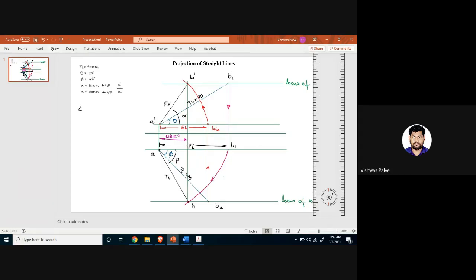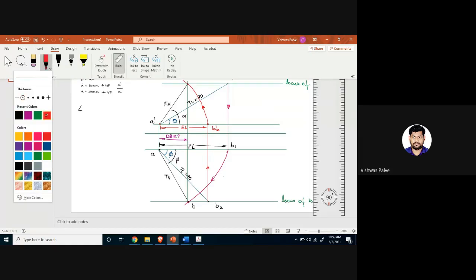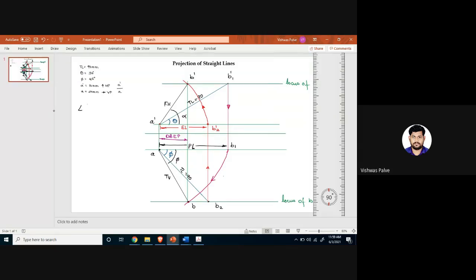Inclination with HP, what is the notation? Theta. Inclination with VP, what is the notation? Phi.